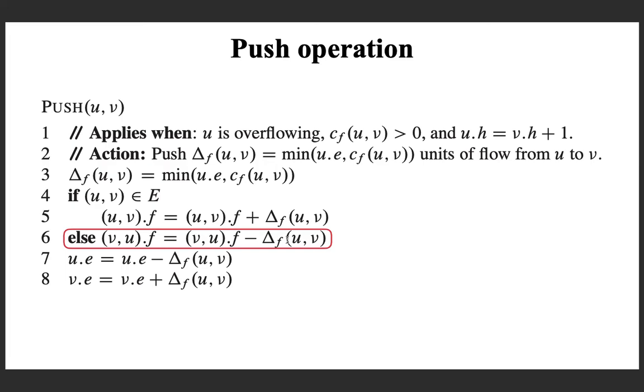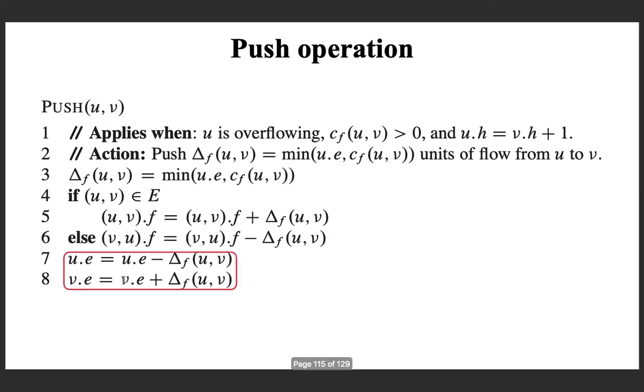This is what we have seen from the basic Ford-Fulkerson method. If you are sending it along the same direction, you are adding, otherwise you are subtracting. Anyway, you pushed it, and after that you want to adjust the excess flow at U and V. At U it is decreased by that amount, at V it is increased by that amount. So this is the push operation.